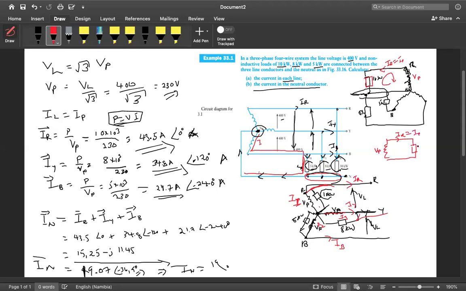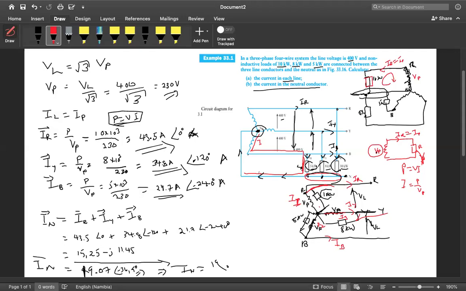And this is our resistor, in which power is dissipated. The formula P equals VI will help us find our current, but this must be the phase voltage. What you need to understand is that you need to calculate the phase voltage, because without it you wouldn't be able to calculate this.